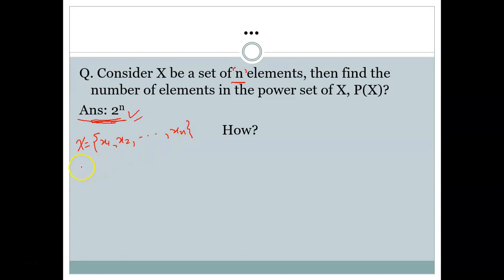First you have to consider those subsets of X which have zero elements. So this is out of n elements, it has zero elements. The number is given like this, C is combination. Then you have to consider those subsets which have one element. Then you have to consider those subsets which have two elements, and so forth. Finally, you consider those subsets which have n elements.